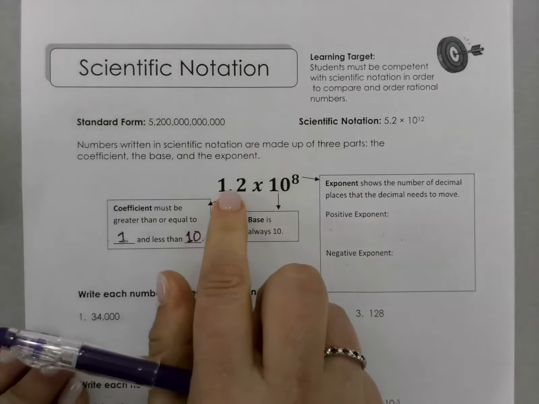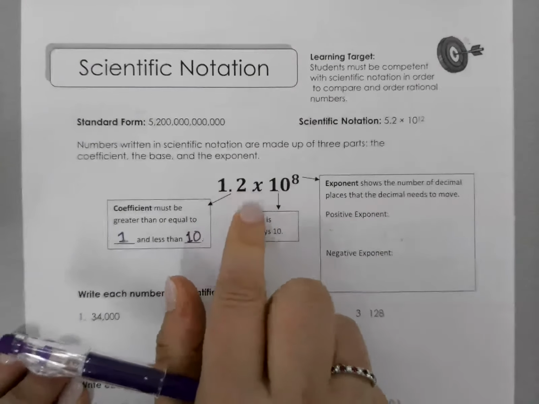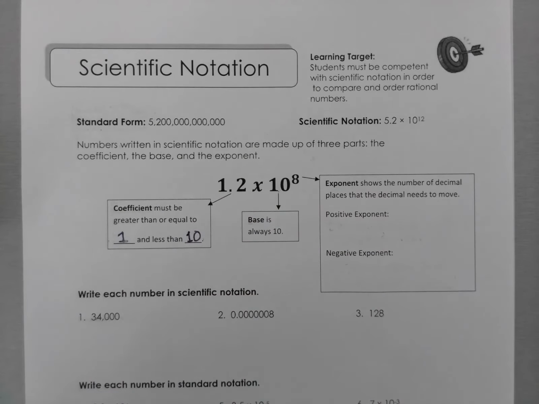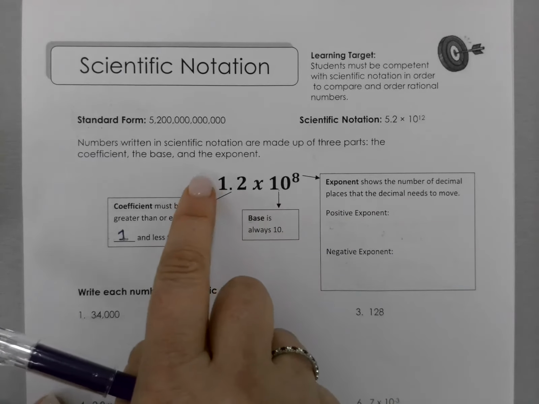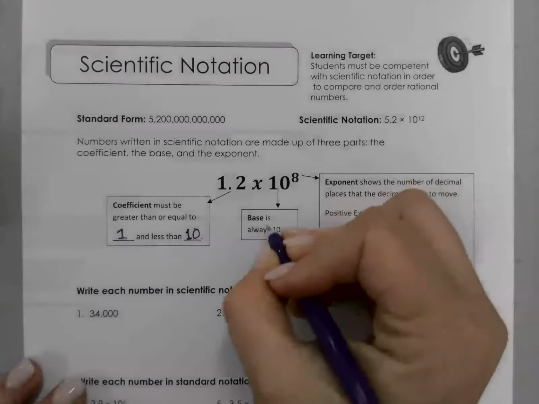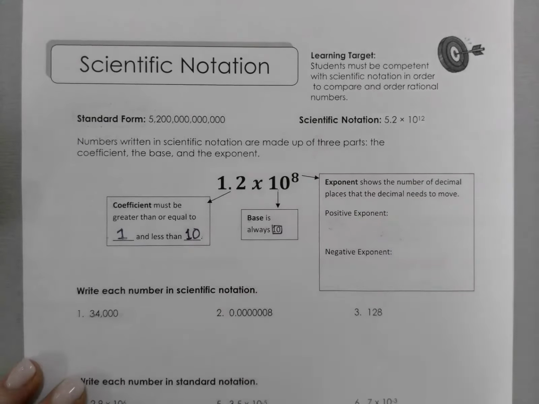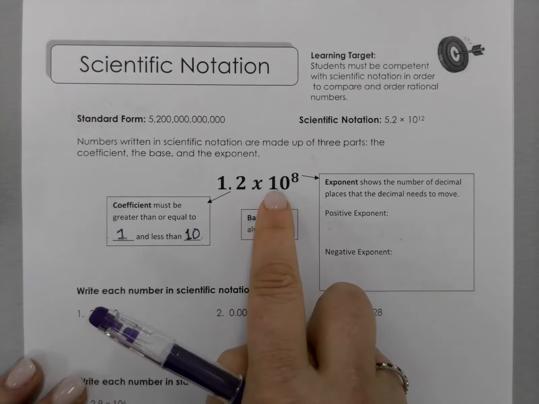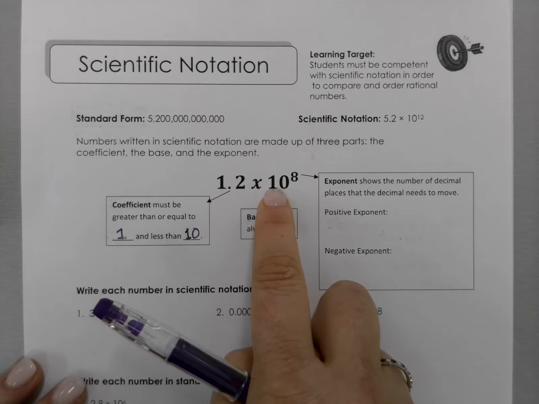So I might see 1.0 all the way to maybe 9.99. I will never see a 10, and I'm never going to see 0.3 or anything less than 1. The base is always 10 in scientific notation. This number will never be any other number than 10.